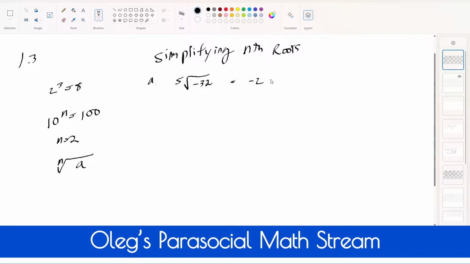Multiply it 5 times. 2 squared is equal to 4. 2 to the third power is 2 times 2 times 2, which is 8.